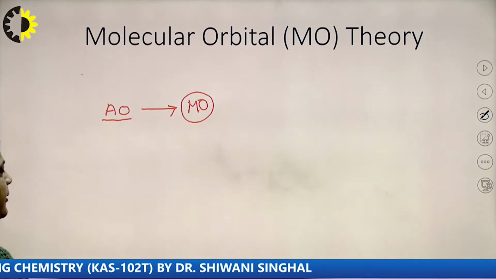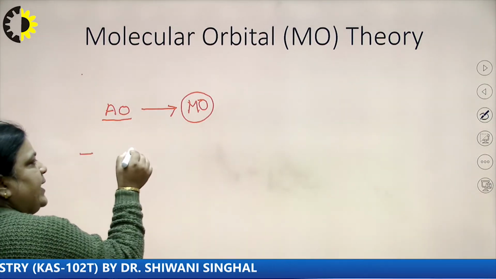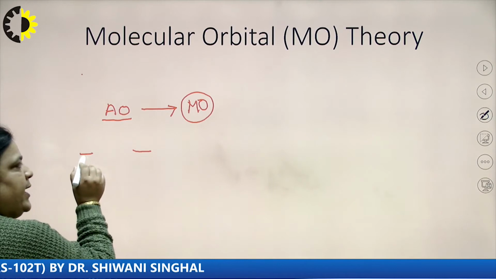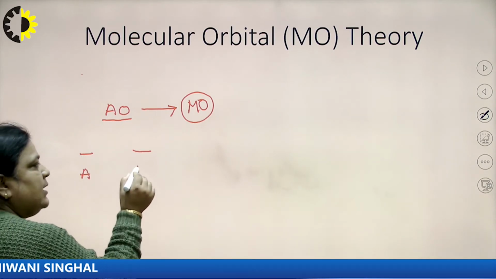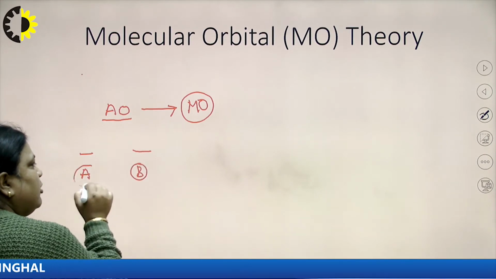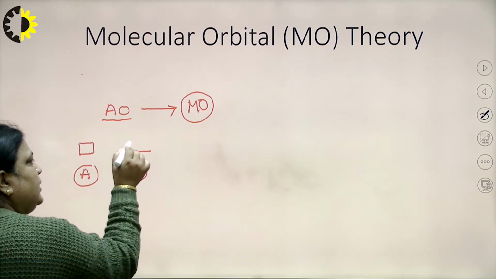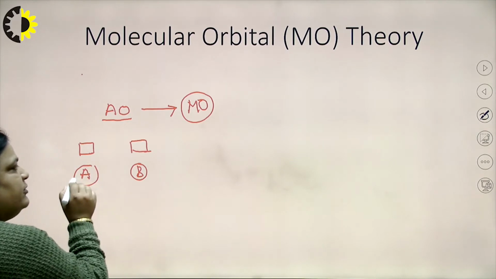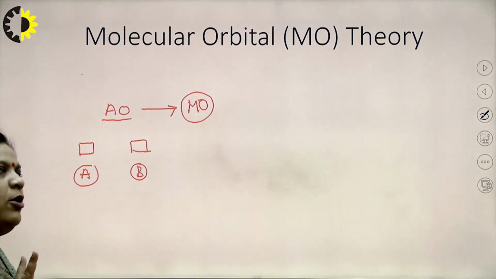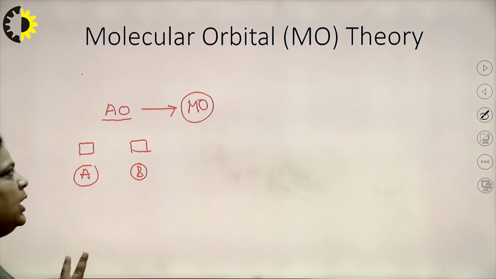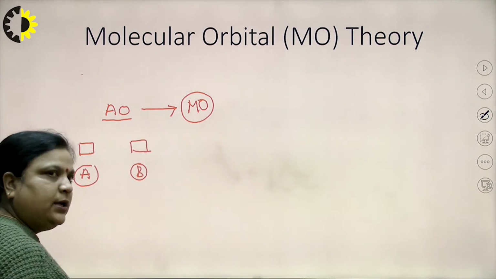For example, in the case of s, one atomic orbital of this atom, let us suppose this is atom A and this is atom B, in the case of s there is only one atomic orbital. So, 1s of A will combine with 1s of B, that is 2 atomic orbitals get combined and form molecular orbitals.